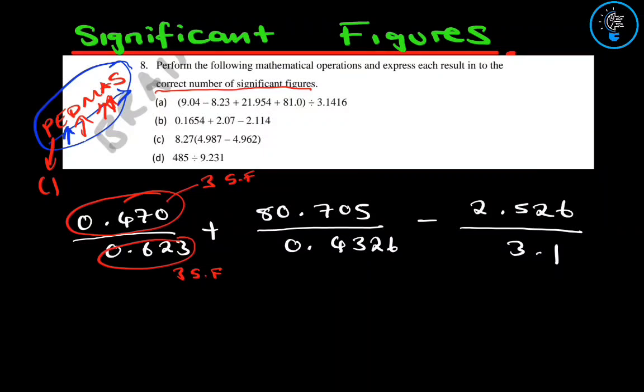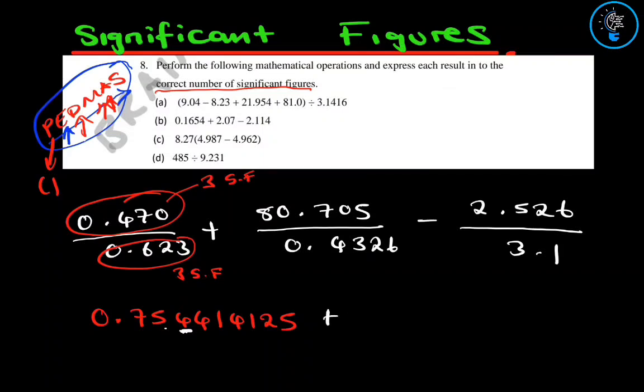Let's punch it: 0.470 divided by 0.623 gives us 0.754414125. But the number of significant figures must be 3, so it will be 1, 2, 3. We must end there, so let's put a mark at the bottom to remind us.